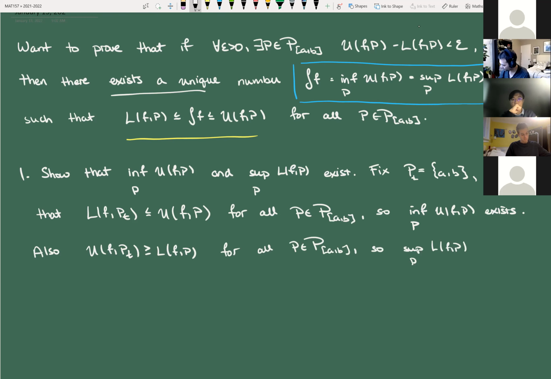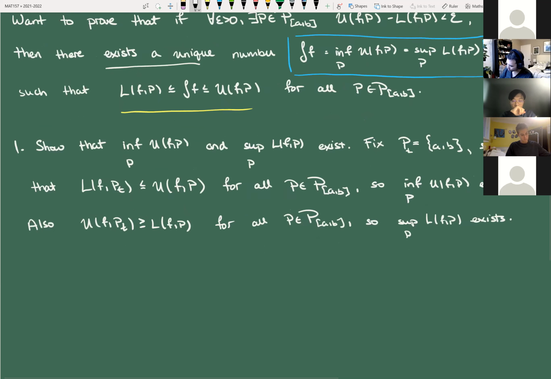Okay, great. So the inf and the sup both exist, right? And moreover, what do I want to say? The inf of the upper sums also has to be bigger than the sup of the lower sums. So let's do that in a second.